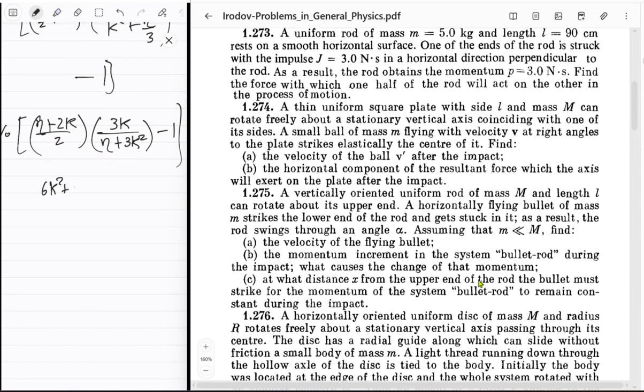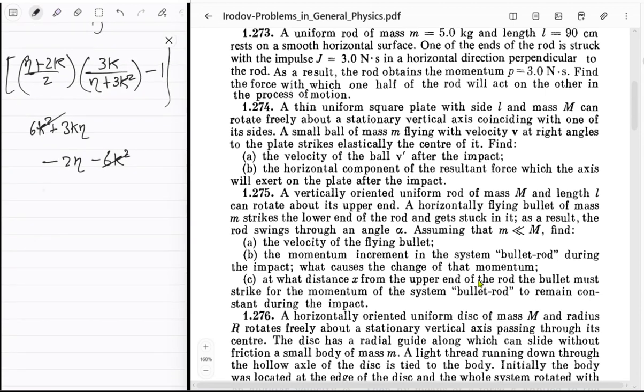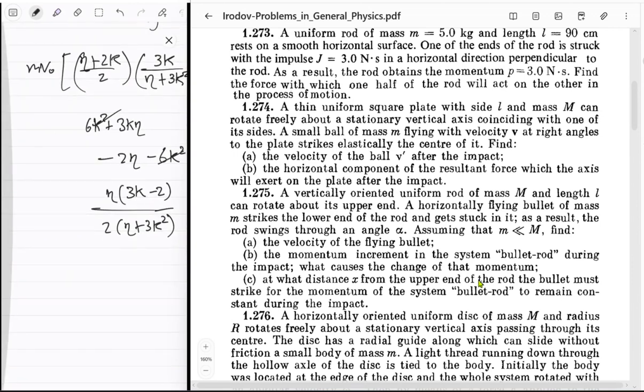6k squared plus 3k eta minus 2 eta. Then you've got minus 6k squared once again. This cancels at least. So just this guy, eta times 3k minus 2, all that upon this thing, 2 times eta plus 3k squared. That's the thing, this thing times m v naught.